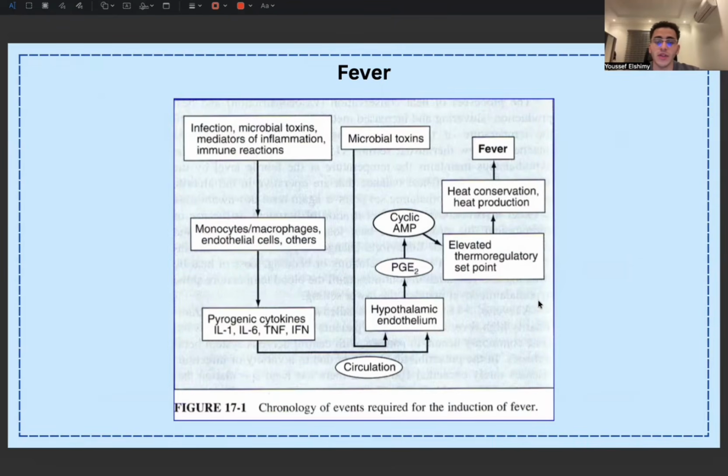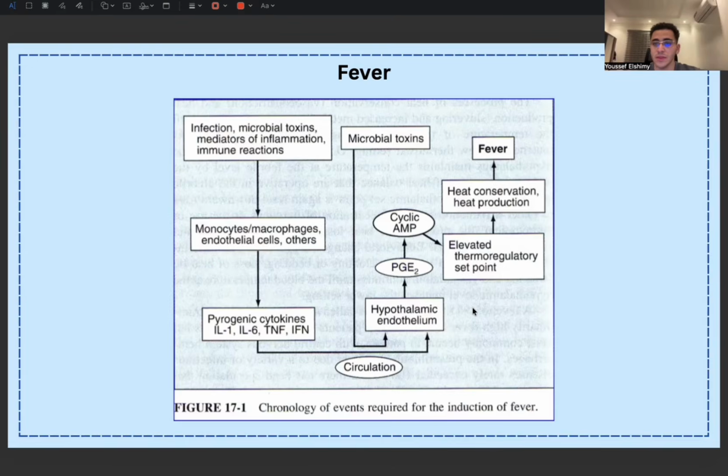Okay, now let's talk about fever. Whenever you have an infection, microbial toxins, mediators of inflammation, immune reactions, this would lead to the monocytes, macrophages, and other cells releasing pyrogenic cytokines. The pyrogenic cytokines are interleukin 1, interleukin 6, TNF alpha, and interferon gamma, for example. These go into the circulation, as well as the microbial toxins.